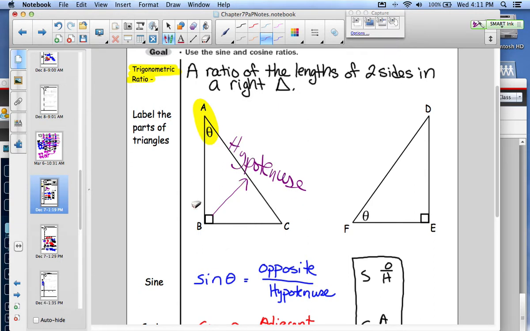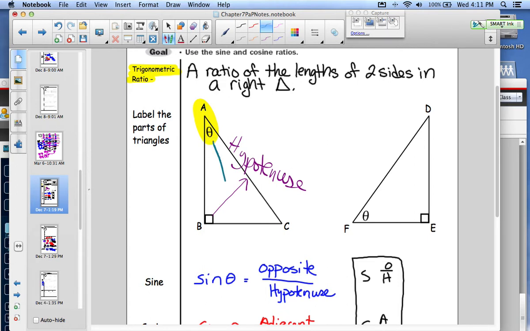Now I'm just down to these other two sides of the triangle, and I'm going to label them as opposite from the angle theta, angle A up here, or adjacent to it. So what I like to do is I always label the hypotenuse first, and then I go to the angle that I'm using. And I always circle the angle that I'm using because I need to really be aware that that's the angle that I'm using for reference.